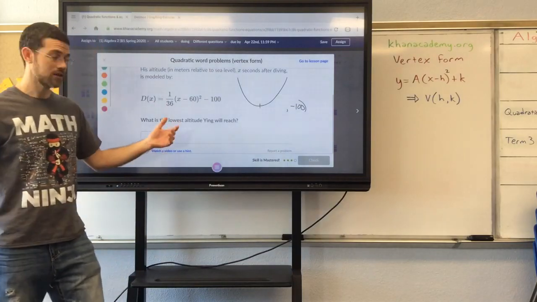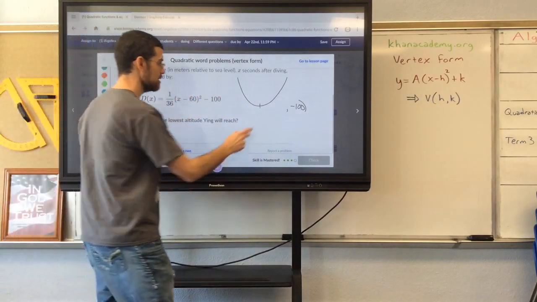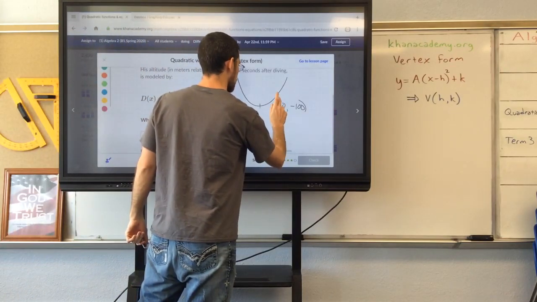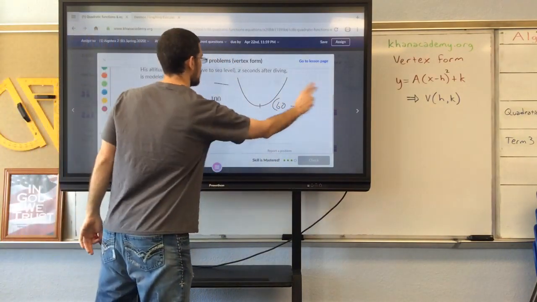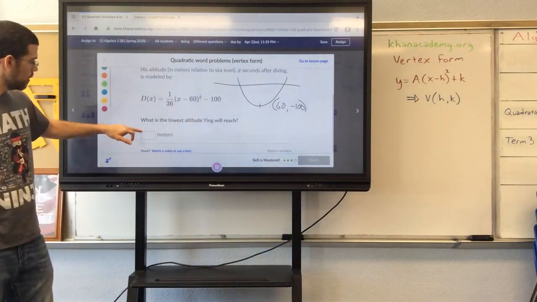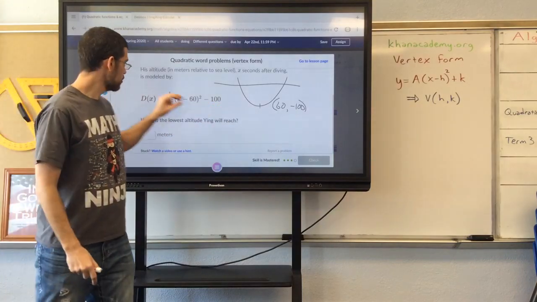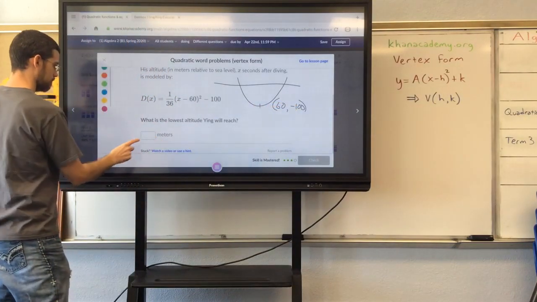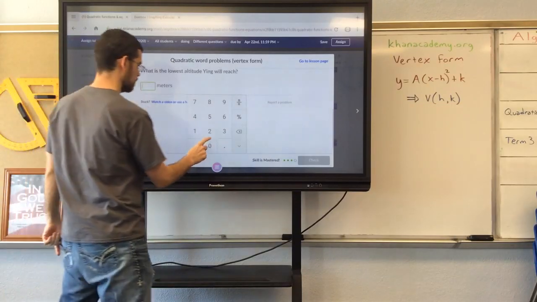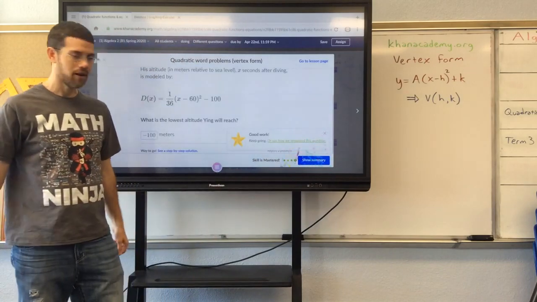And that happens because this is vertex form, that'd be the vertex, at 60 seconds. That's all they asked us about this. So, we know our answer. What's the lowest altitude? Well, altitude is d, or the y value, so that's negative 100. And we're done.